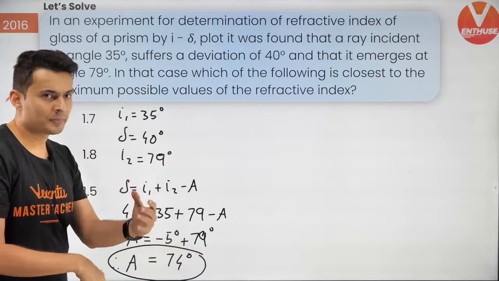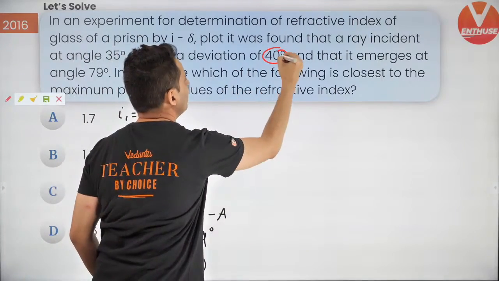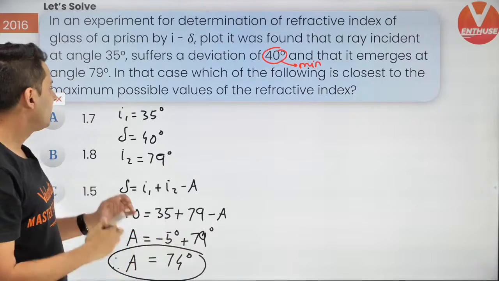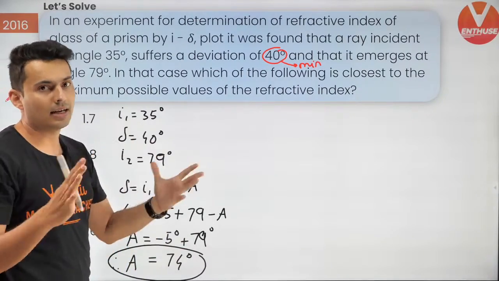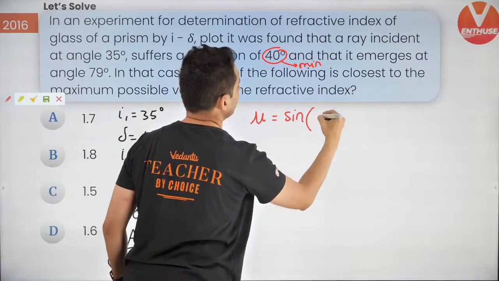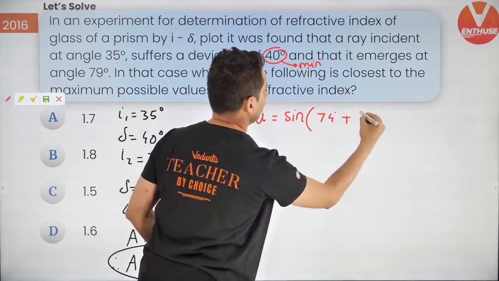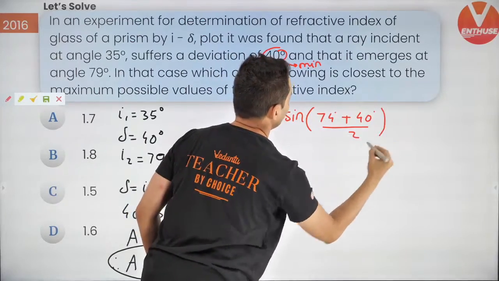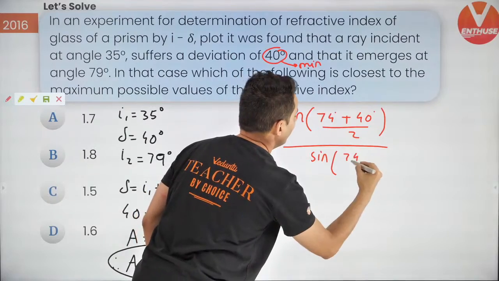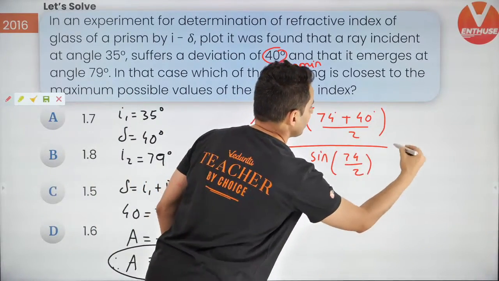Let's try to figure out if this deviation is minimum. If this is minimum, then what will be the refractive index? Let's try to do the reverse way. Mu will be sine of (A plus delta) by 2, that is 74 plus 40 by 2, divided by sine of A by 2, which is 74 by 2.